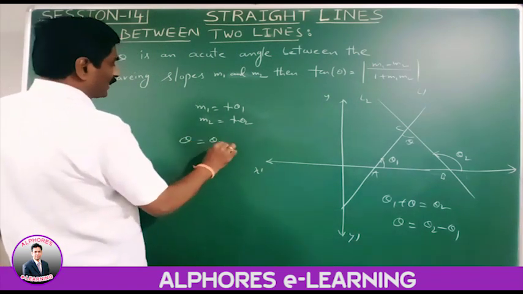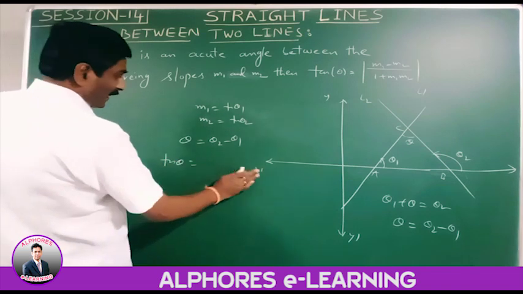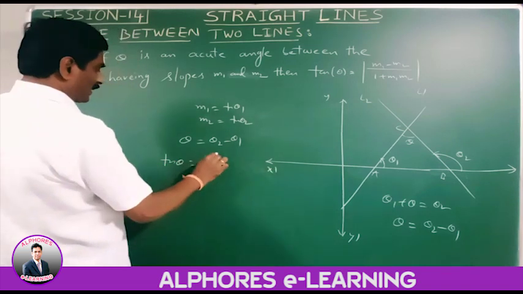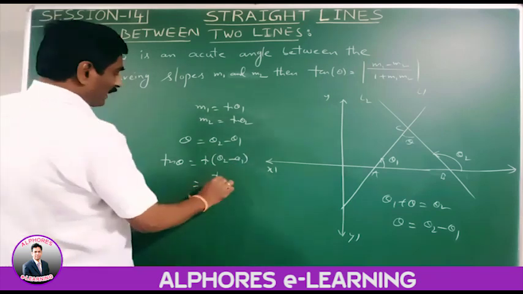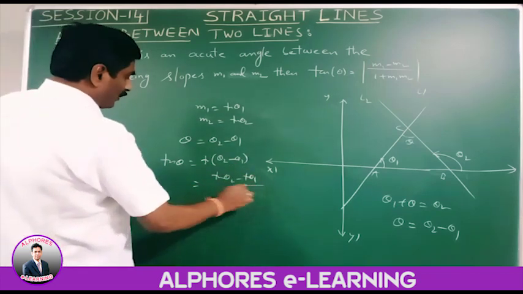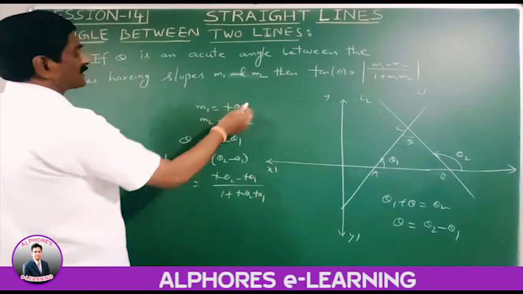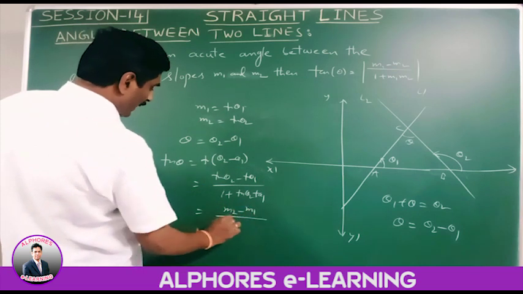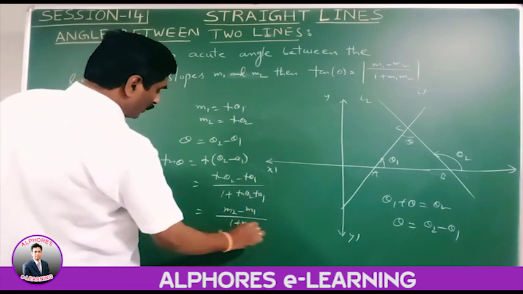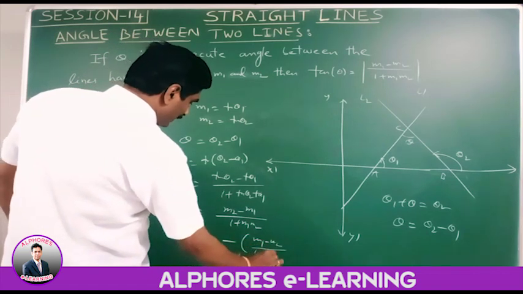Applying tan on both sides, tan theta is equal to tan of (theta 2 minus theta 1). Tan (A minus B) means (tan A minus tan B) by (1 plus tan A tan B). Tan theta 1 means m1, tan theta 2 means m2. That means (m2 minus m1) by (1 plus m1 m2), which is equal to minus of (m1 minus m2) by (1 plus m1 m2).